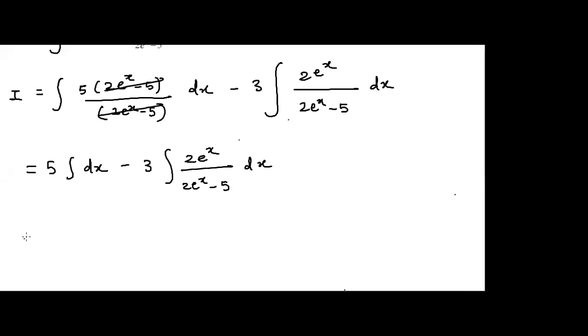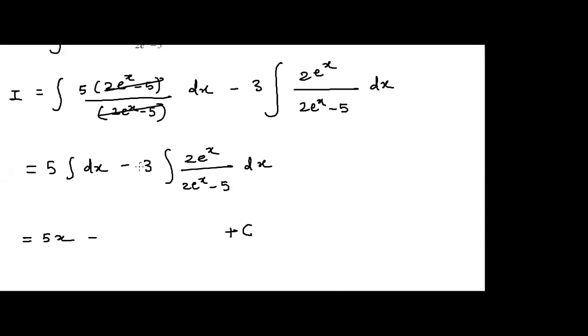Now this will become simply 5x, because integration of dx is simply x. If there is nothing, that means there is x. Integration of dx is just x plus c, but I'm not writing plus c at the moment. I'll write it over here.